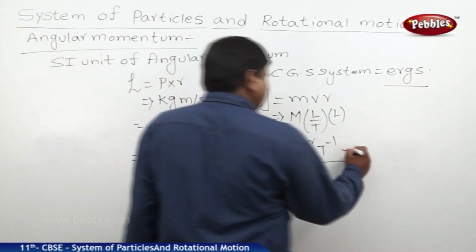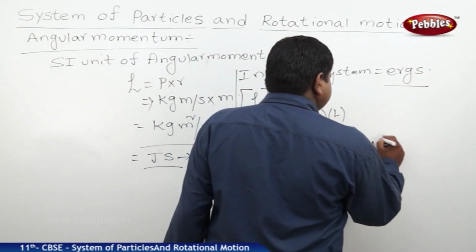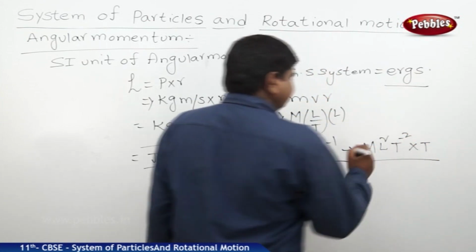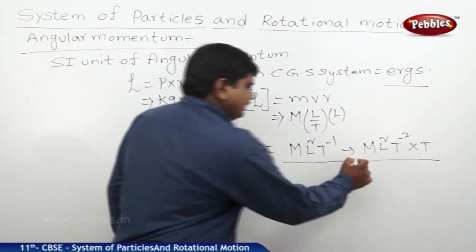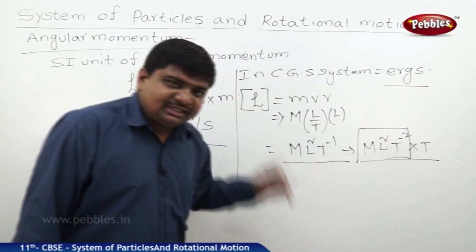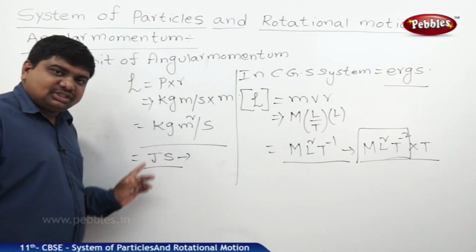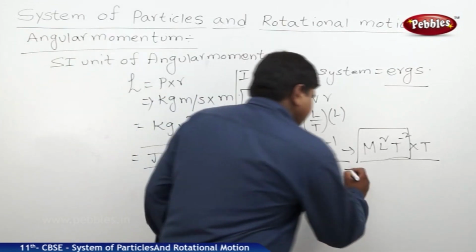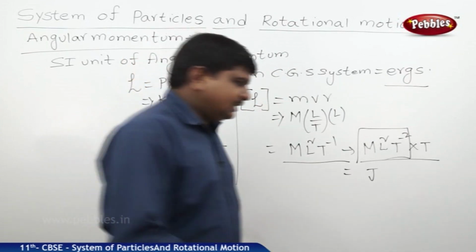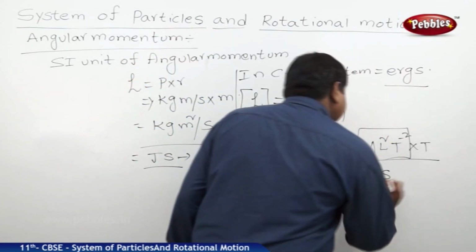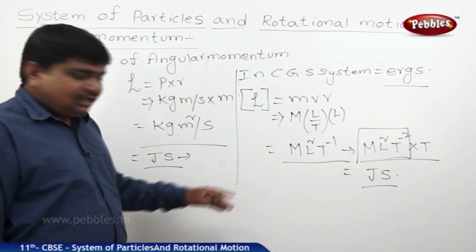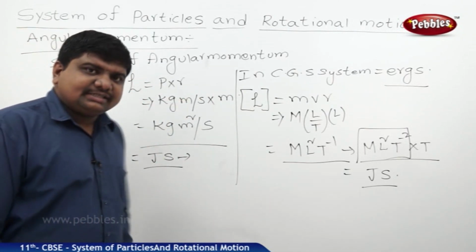So this can be written as M L square t power minus 2 into t. This M L square t power minus 2 represents the unit of joule, time represents the second, that's why it will be written as joule second also, because it is representing the dimensional formula of work done. Like this we can prove the dimensional formula with respect to its units.